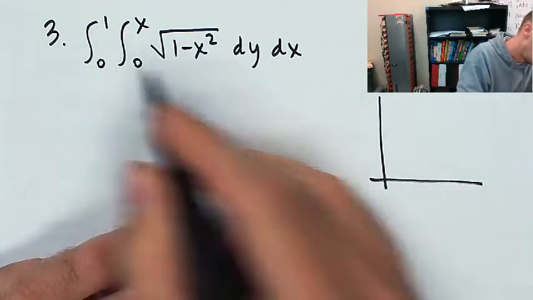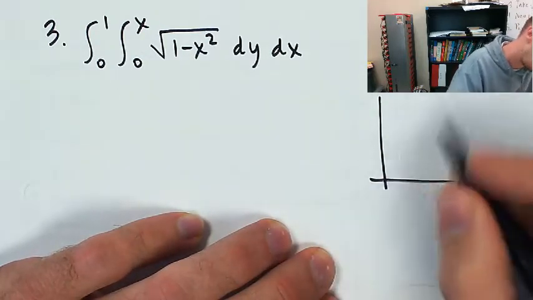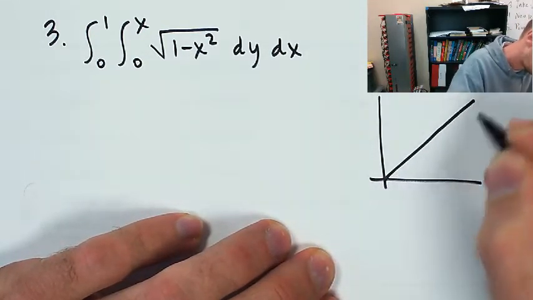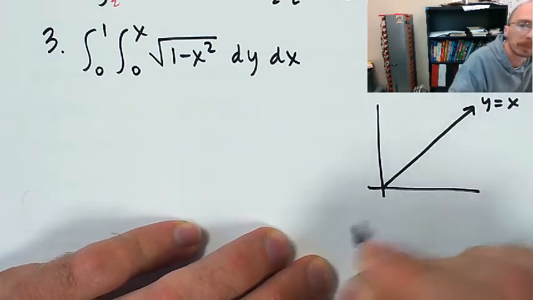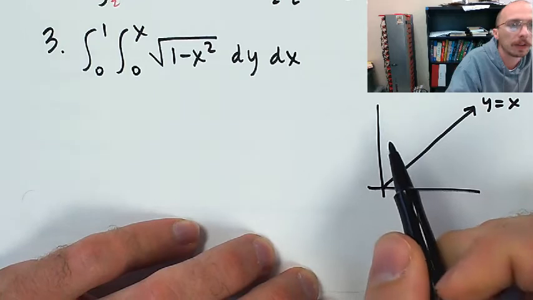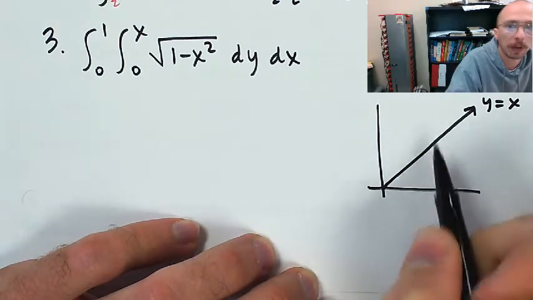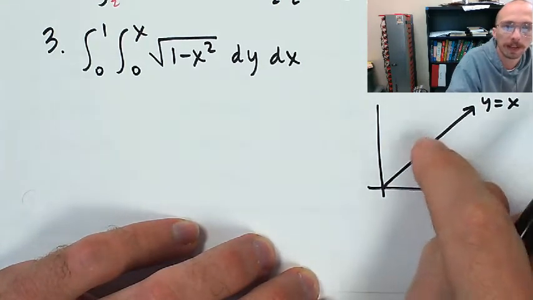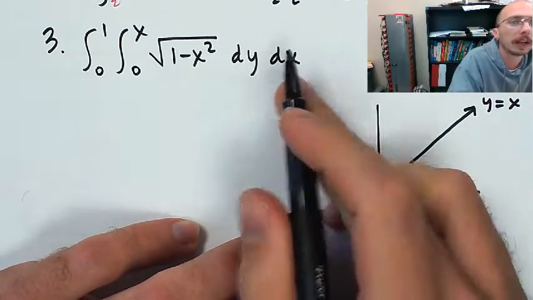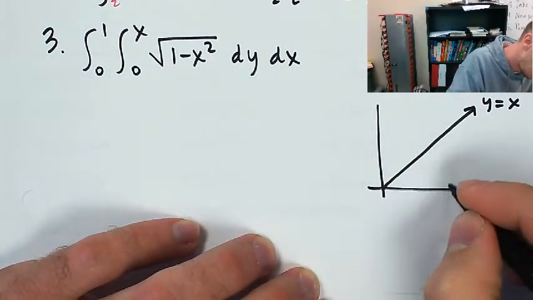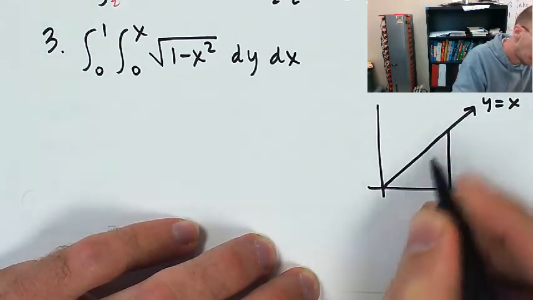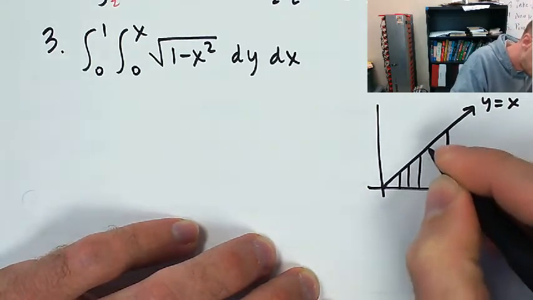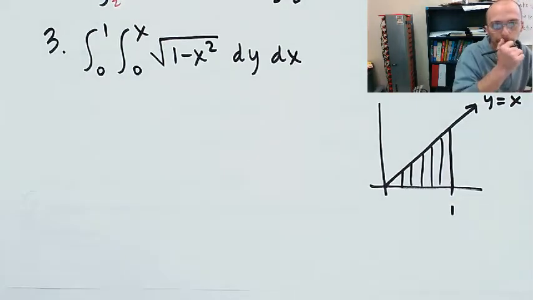We know where y equals 0 is, that's right here. Y equals x, we know what that looks like. If y is between 0 and x, it'll be underneath this line, if x is the upper bound. And then x is between 0 and 1, so maybe I'll say 1 is right there. This will be the region I'm integrating on.